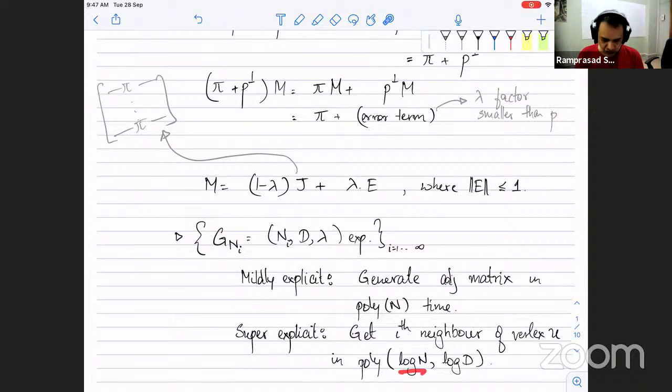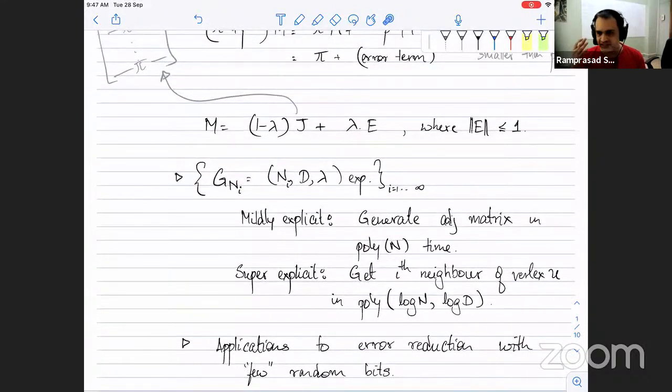So the input is log n and log d bits. I'm only interested in graphs that can give this operation in time poly in log n, log d. In such cases, we say that these graphs are super explicit, sometimes called fully explicit or strongly explicit. And this is what we will be dealing with today.